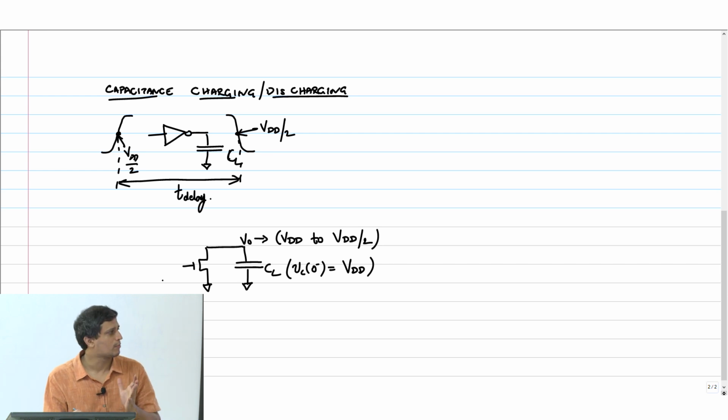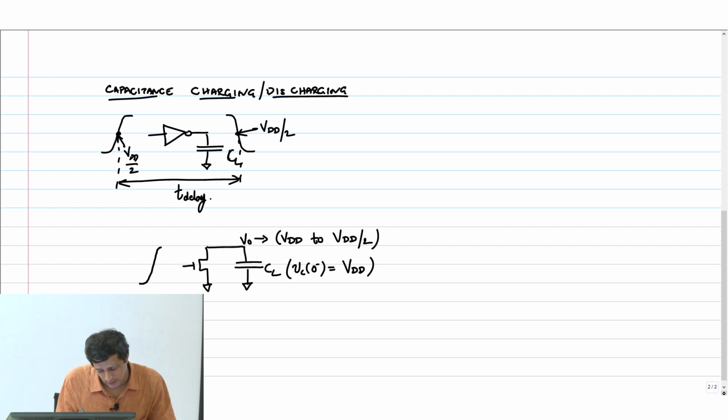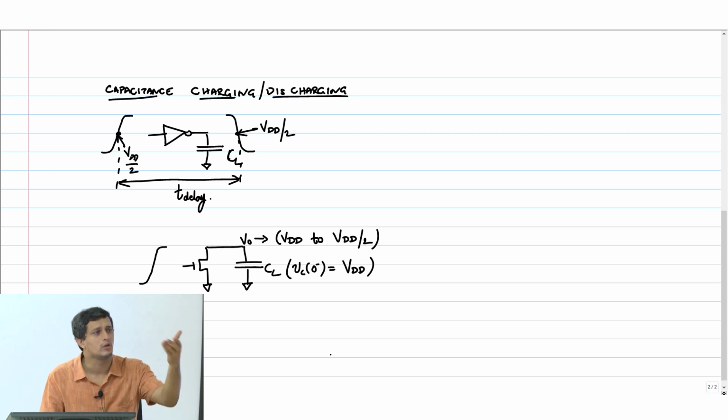Now we have to make some assumptions to simplify our analysis, otherwise it becomes very difficult. So if for example, the input is going to rise slowly like this, then that delay becomes a little hard to handle, right? If it becomes a ramp function, then I have to see when the device turns on, when it goes into linear saturation, all that. It's very painful to do that.